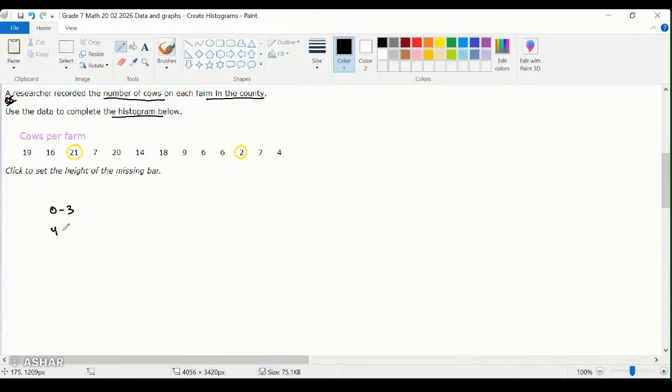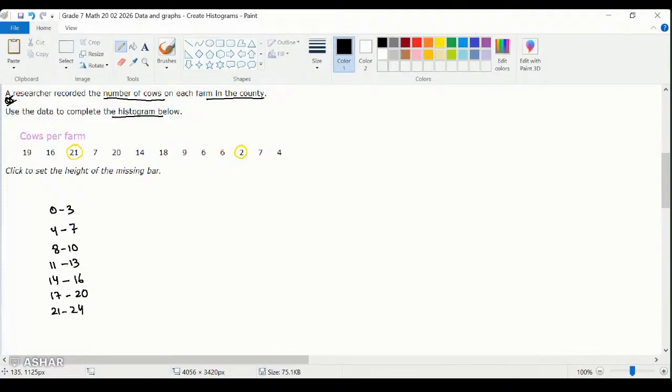Between 4 and 7, between 8 and 10, between 11 and 13, 14 and 16, between 17 and 20, and 21 to 24, right?